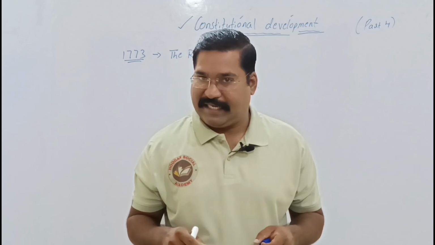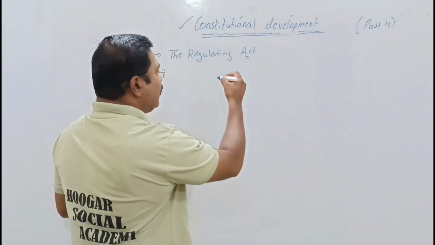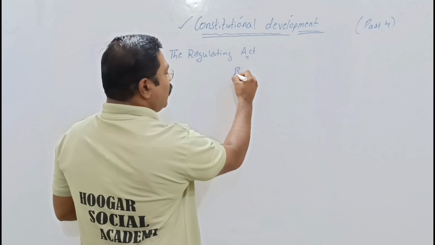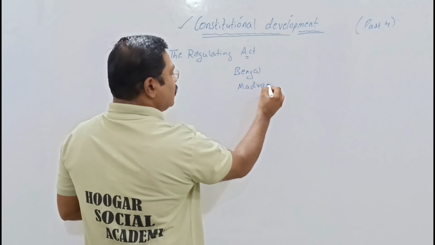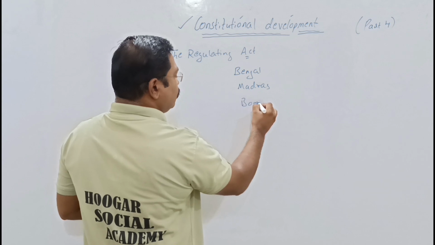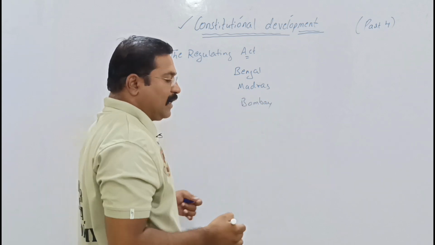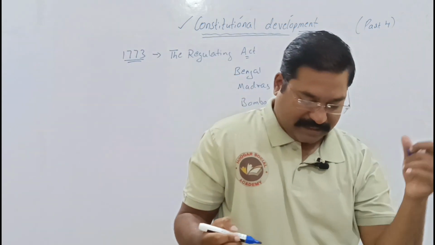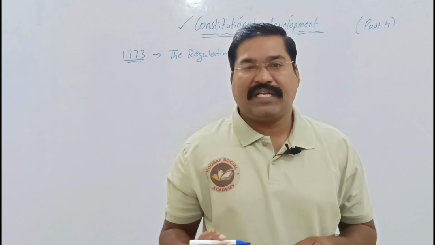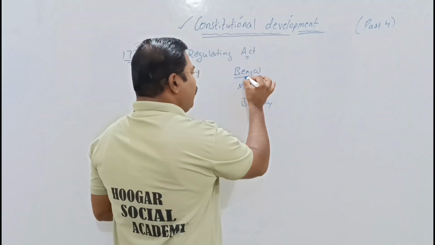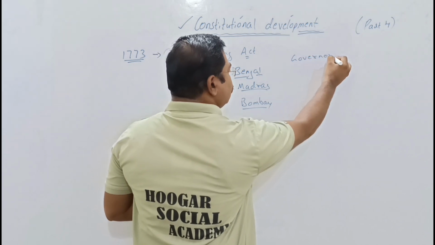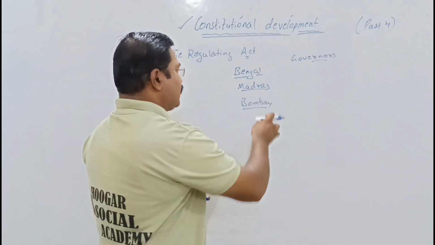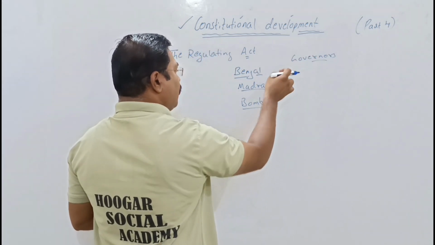On the Indians. There were three presidential areas: Bengal, Madras and Bombay. And in all these three there were governors: Bengal governor, Madras governor, Bombay governor.